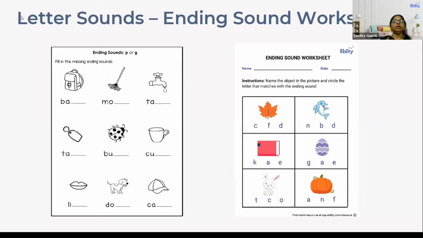Initially you can give a worksheet which has the same ending sound for all the pictures, and then you can mix them up. As they learn more ending sounds, you can mix them up and give them choices. Similar to what we did in the beginning, you can do with the ending also. And you can also convert these into hands-on kinesthetic activities.